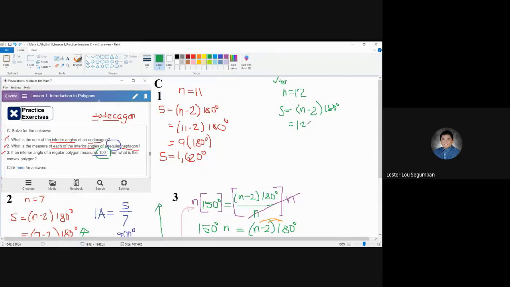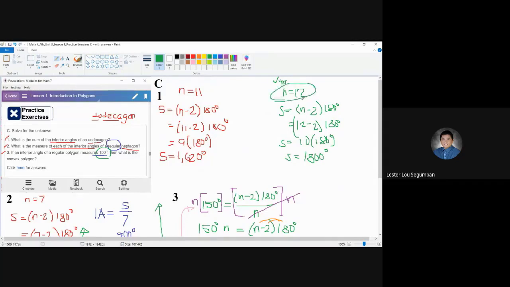So S means 10 times 180 degrees, which would actually be equal to 1,800 degrees. This is the sum of the interior angles of a dodecagon.